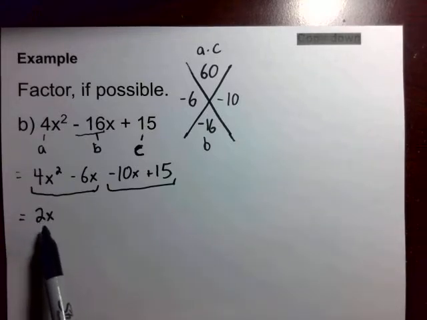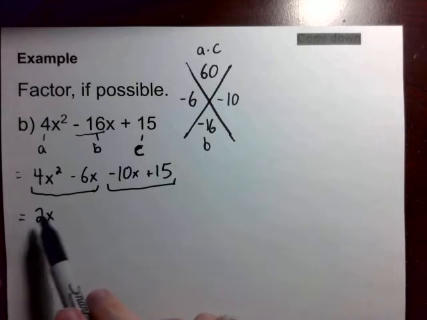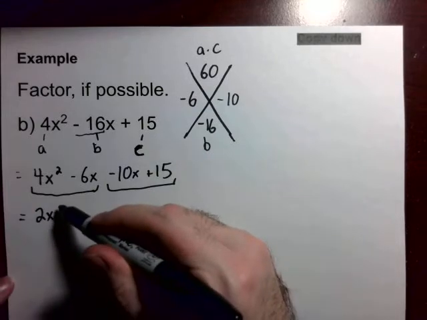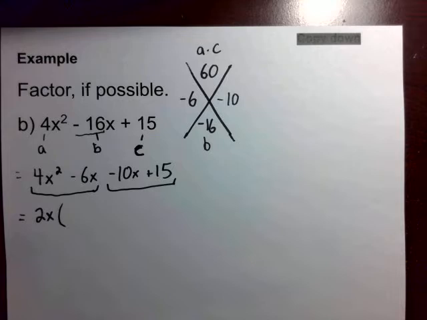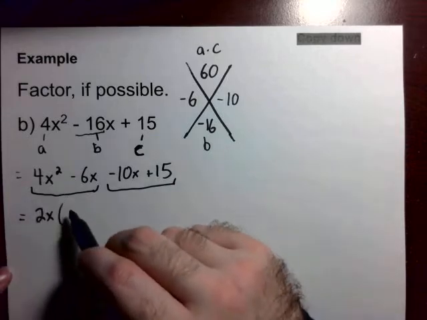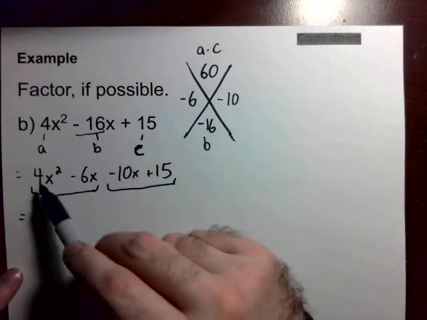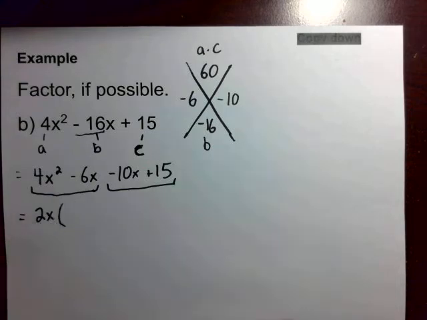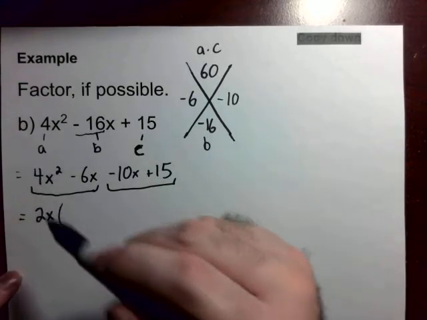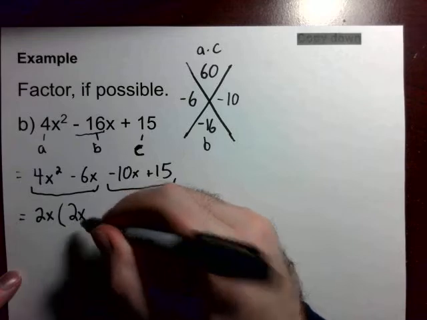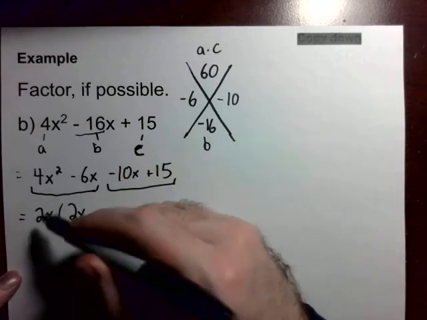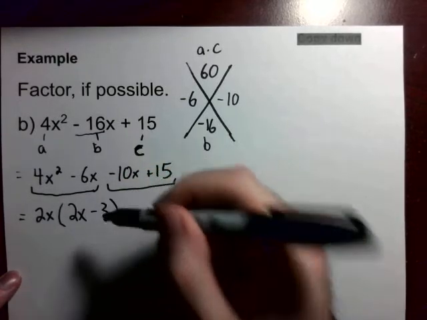I'm not going to go into detail on how we got that in this video. So 2x is our greatest common factor. And then to figure out the terms that go in the brackets, you divide each of these terms by that greatest common factor. So 4x squared divided by 2x is 2x, and negative 6x divided by 2x is negative 3.